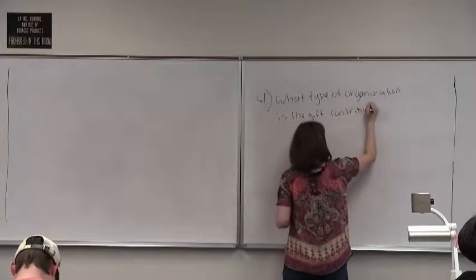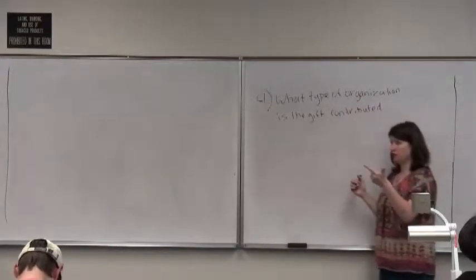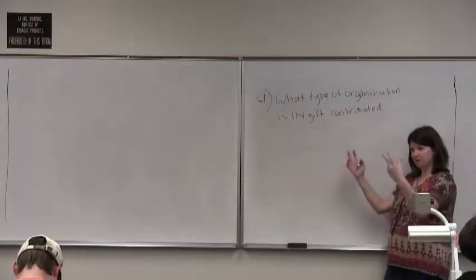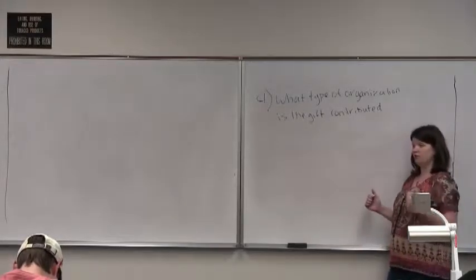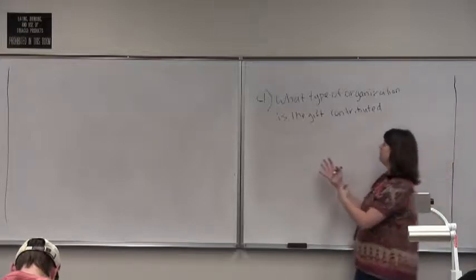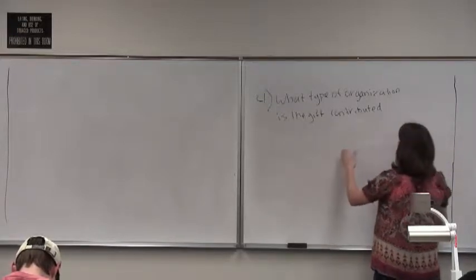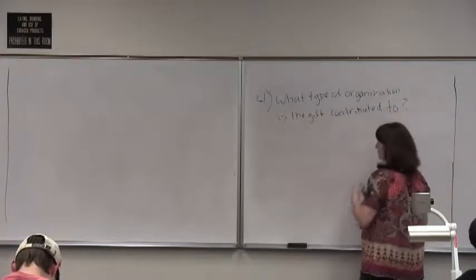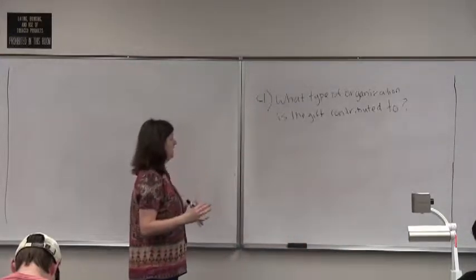So we're assuming that we have a gift, 1. 2, assuming it is deductible this year. 3, assuming all the substantiation requirements have been met. Now, let's get to the three questions that determine how much of a deduction we are going to get. What type of organization is the gift contributed to? Okay, so that's our fourth question.